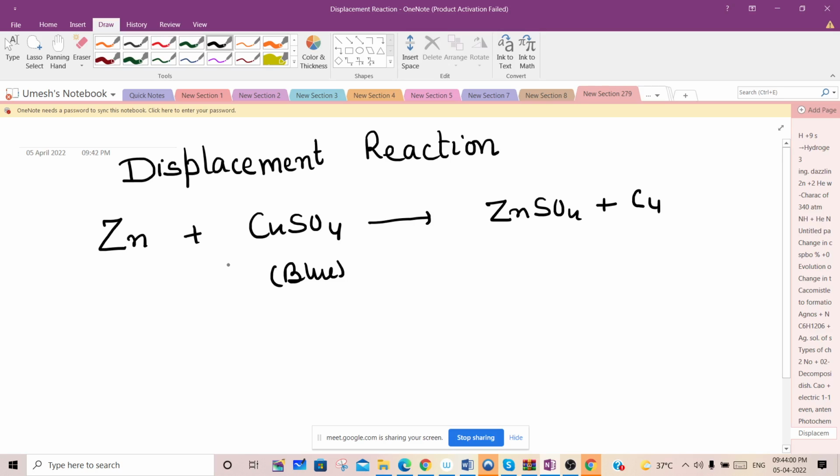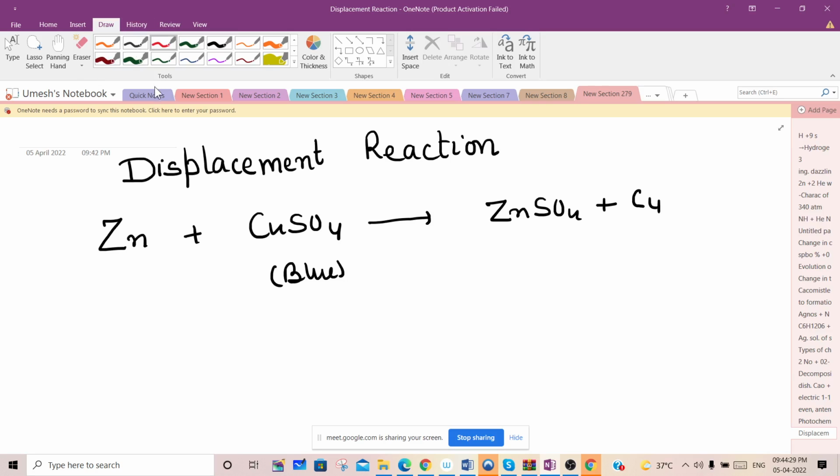So can you say again? Right, write down. The chemical reaction in which one element takes the position of another element present in a compound is called a displacement reaction.